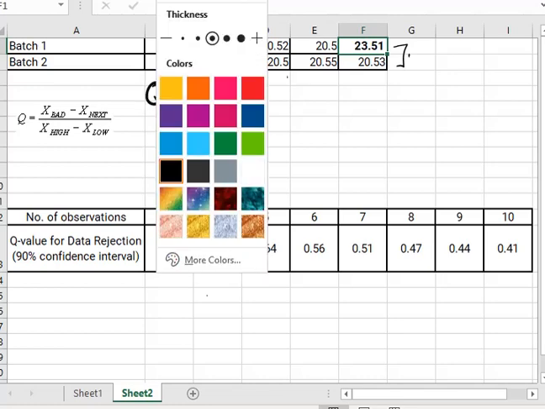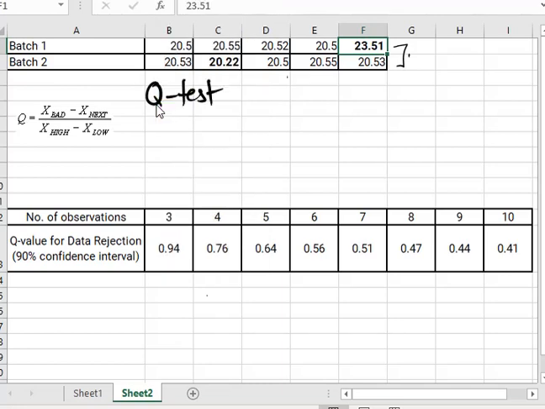So the Q-test is basically a test whether to reject or to retain one of your measurements. This is the formula of the Q-test. Q is equal to the X bad, which is the questionable measurement.